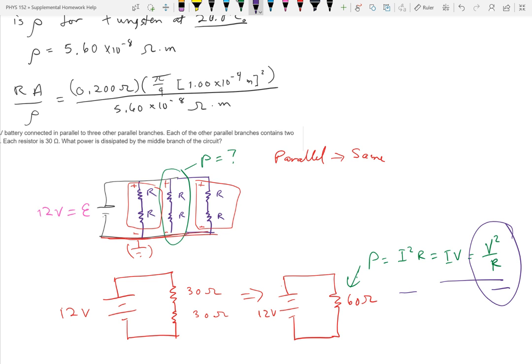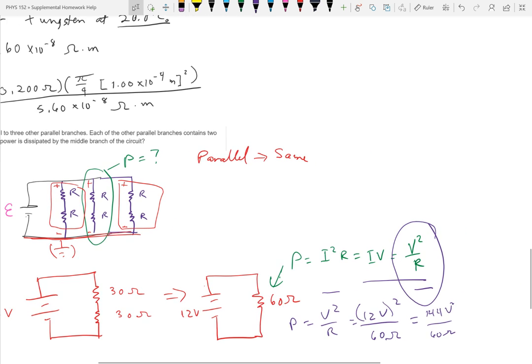So I'm just going to say my power is equal to V squared over R, is equal to 12 volts quantity squared over 60 ohms, is equal to 12 squared is 144 volts squared over 60 ohms.